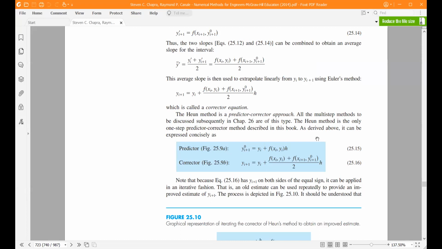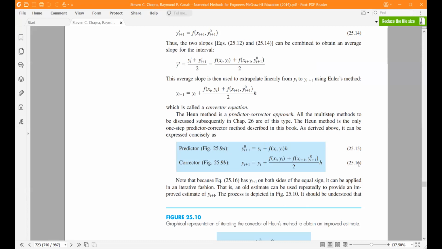Okay, then your equation 25.15 is a predictor equation. You see, a function value is calculated at the intermediate point, then this value is used to calculate the slope at the end point. Then they are averaged together to finalize the value for that point. In this way you can proceed.